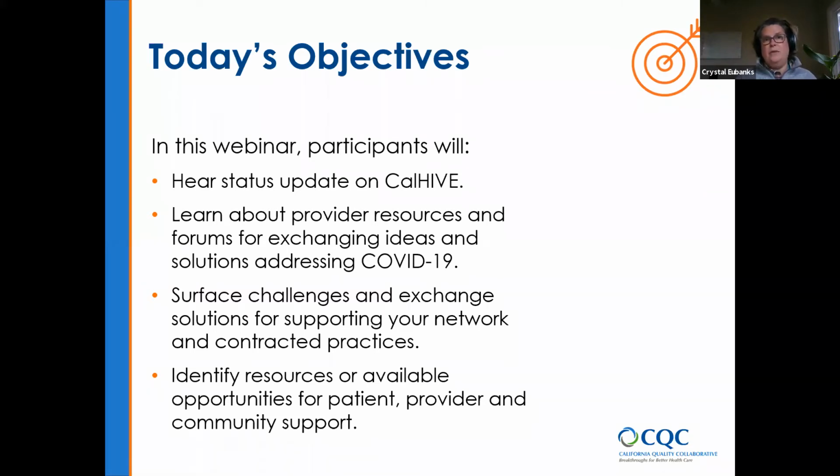So we said, how can we use this time to reach out, particularly in the ambulatory care world, to see if there's an opportunity to share amongst each other around our preparation and what we're doing now. Today, we really want to source from you provider resources that you're using and finding helpful. Where might there be other forums for exchanging ideas? Maybe it's regional, statewide. So we'll do some information and resource sharing, and then we'll have some discussion around our challenges and solutions.